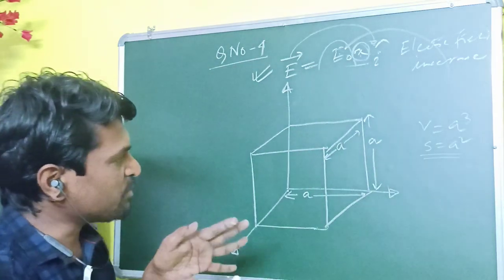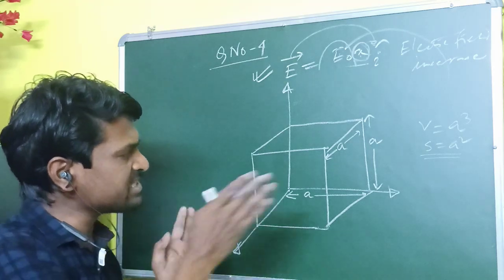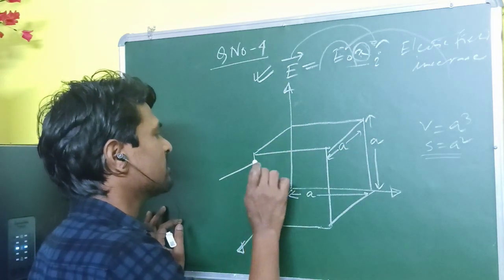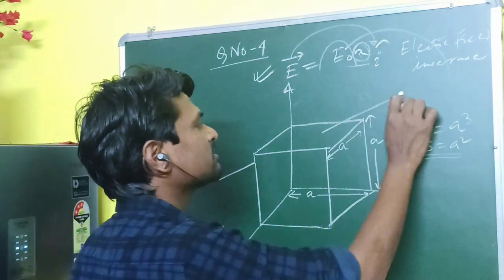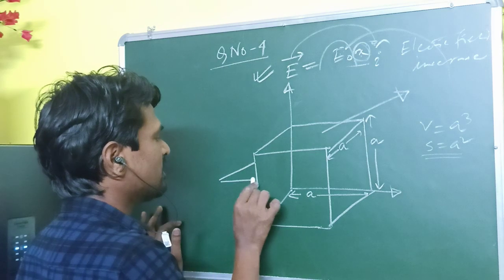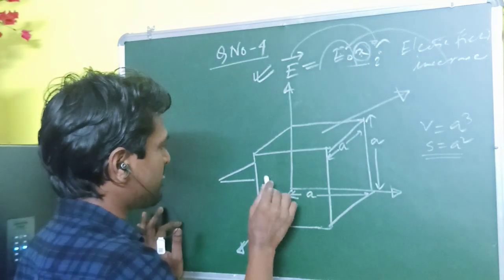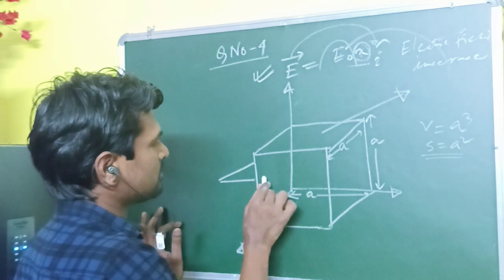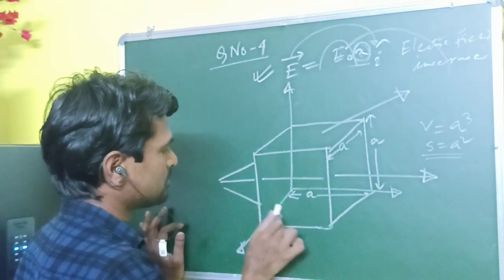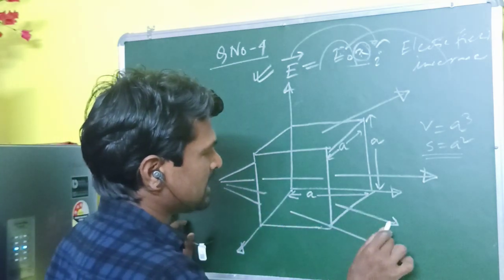So this is the second part, step number 2. And the electric field is increasing along the x-axis. That's why you have to take it like that, the electric field is changing along the x-axis.